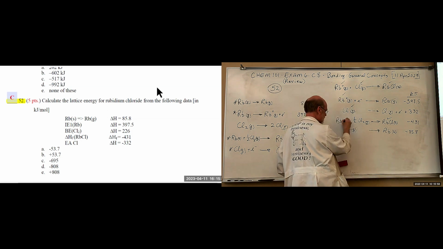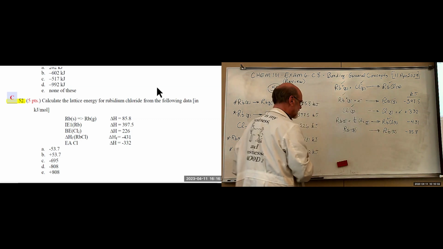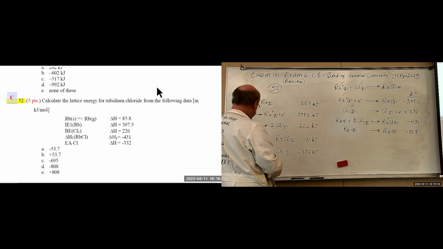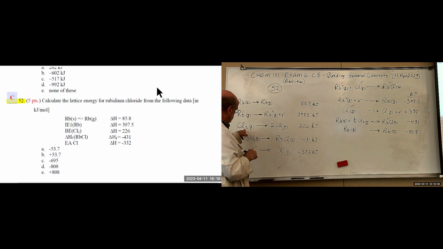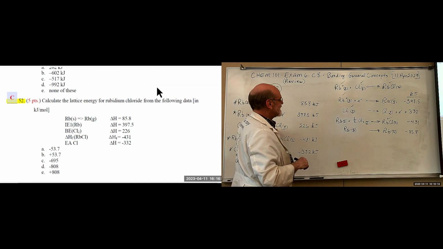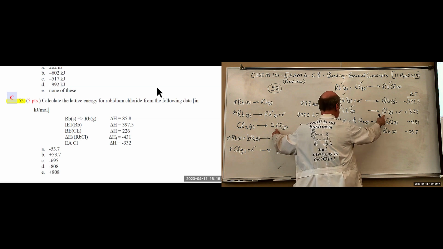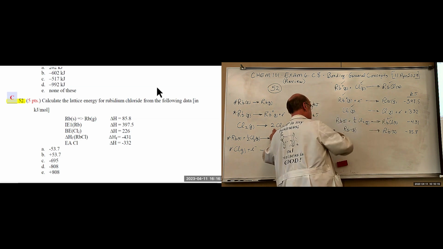And this one. There we go. Okay, what's left? Diatomic chlorine yields monatomic chlorine. And we've got this chlorine right here. So this chlorine needs to be on the other side.